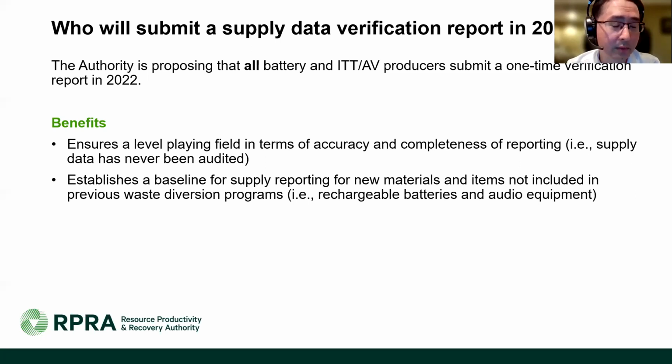That's why we're proposing an initial 1-year verification. The second benefit of having all battery and ITTAV producers verify their supply data next year is to establish a baseline for supply reporting for new materials and items that were not included in the previous waste diversion programs.